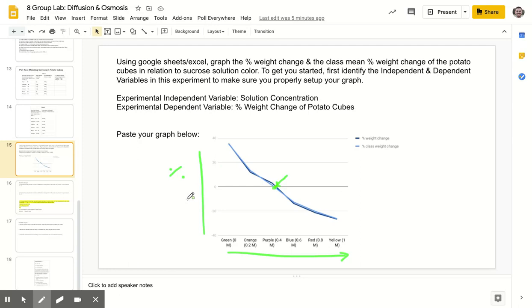It would be the scenario where you place potato cubes in a solution with a concentration of just above 0.4, maybe 0.45 or 0.42. If you put potato cubes in that concentration of sucrose, this graph predicts there would be 0 weight change. In other words, it would be isotonic. So we can determine the concentration of sucrose by finding the point at which it would be isotonic.